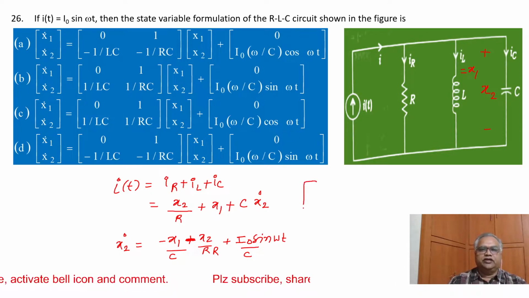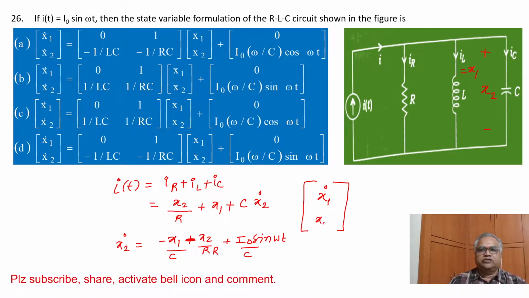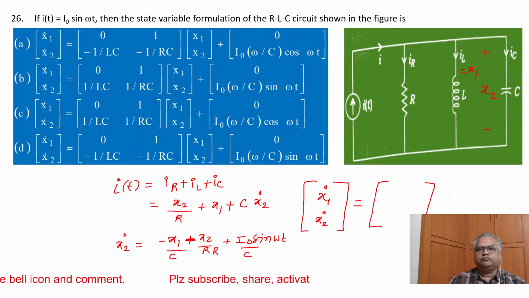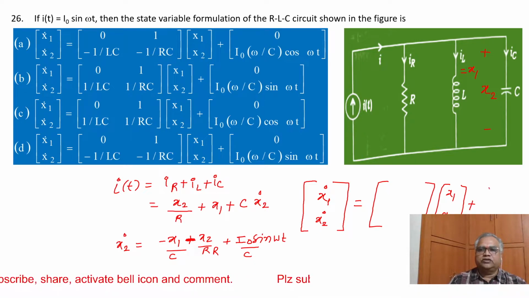So if you write a state equation form, what is the standard form? x1 dot, x2 dot, because two state variables. So write in matrix form. This is x1, x2 plus input also there.